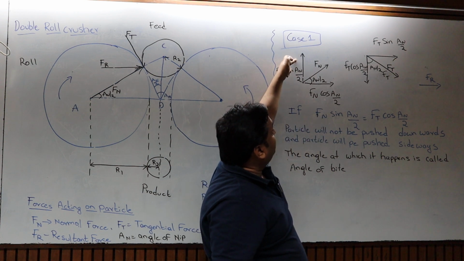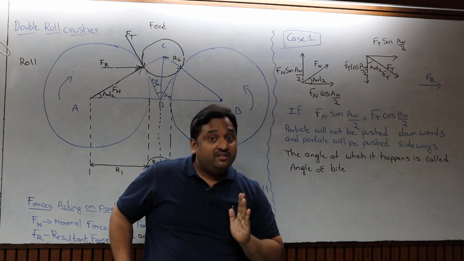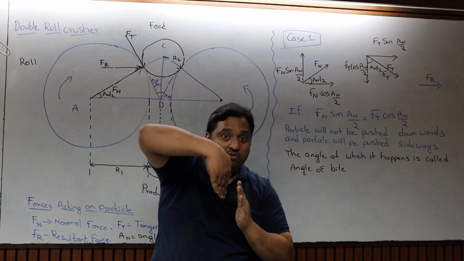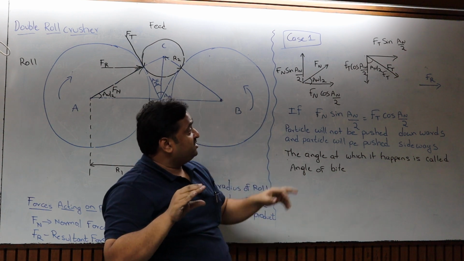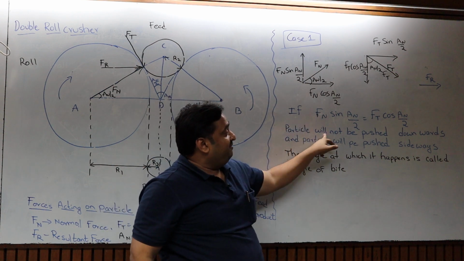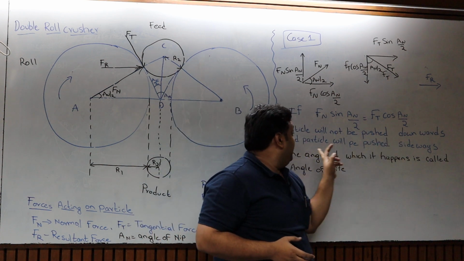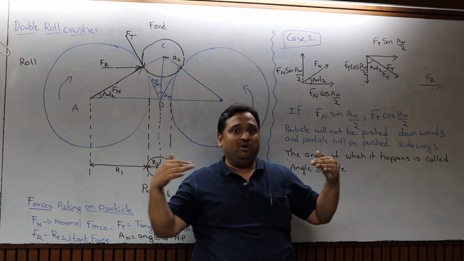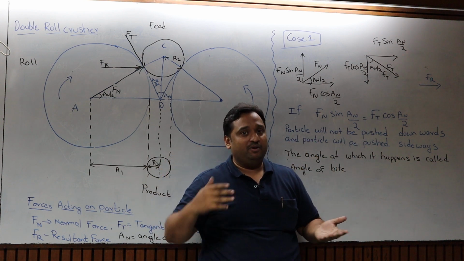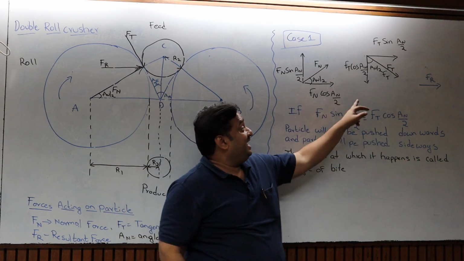So case 1: what happens if the vertical force, Fn sin(alpha N/2), is equal to the downward force? If the vertical force is equal to the downward force, the particle will stay at the same location. The particle will not be pushed upward or downward; it will be pushed sideways only, because of the horizontal force acting on the particle, since the upward and downward forces cancel out.